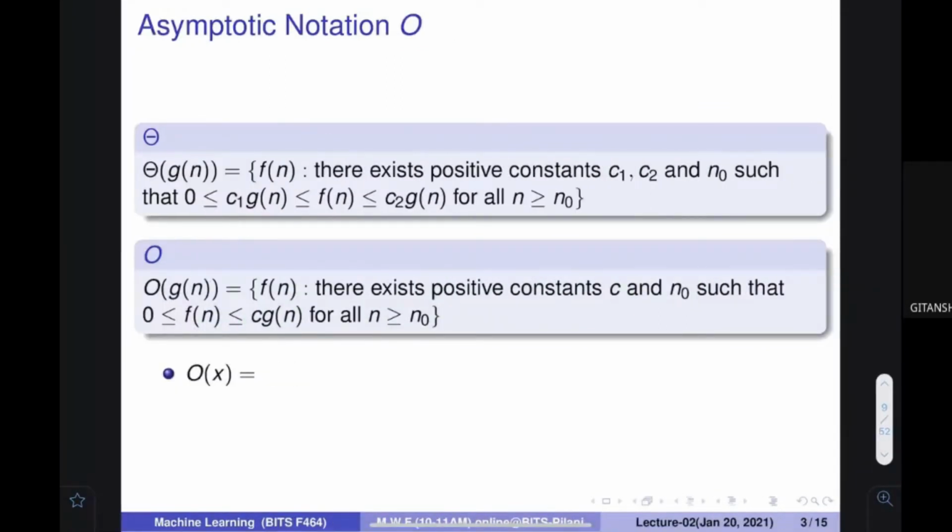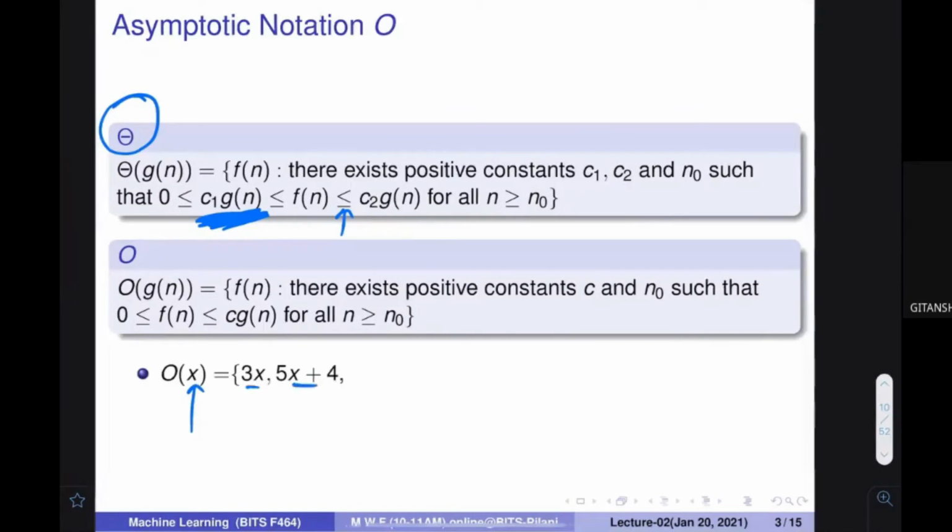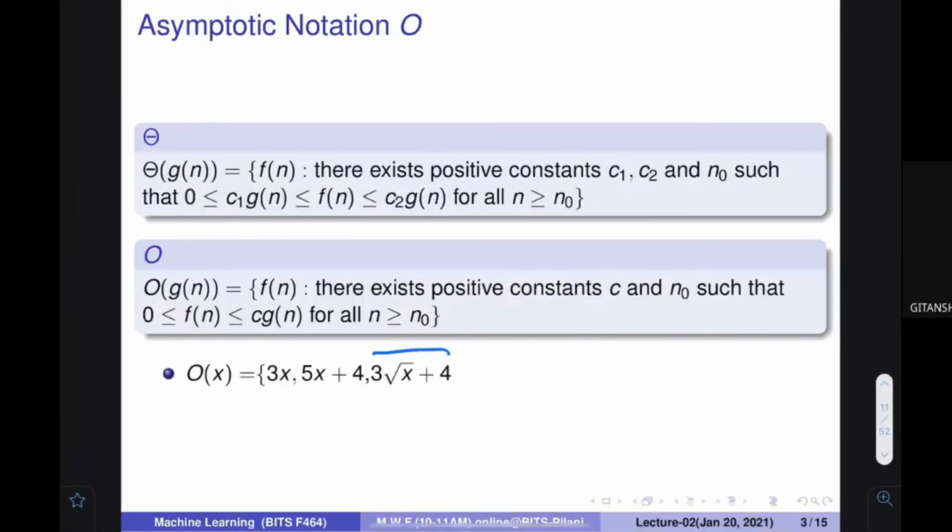In the same way, the functions which were earlier in the set of theta are also here, because of this constant. But since there is no lower bound, all those functions which are even smaller can also come into this set. So into big O of x, the earlier functions are there, but I can put even smaller functions.